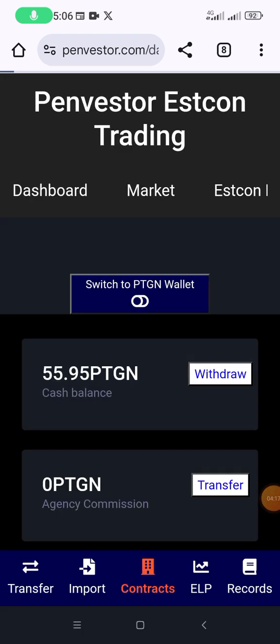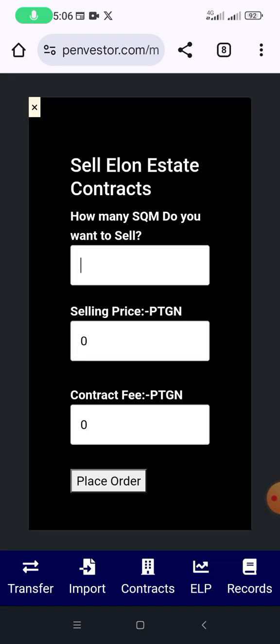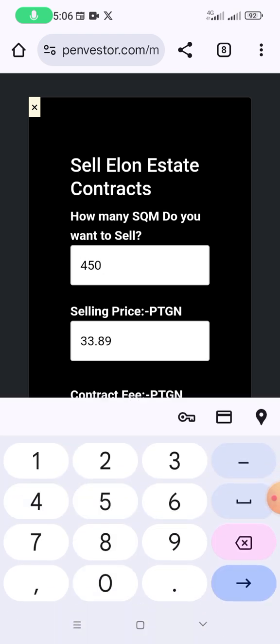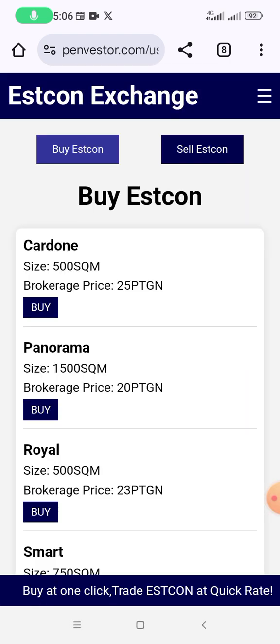Let this thing load here. This is 450 Elon ESTCON now. It costs like 33.89, like 33,000. But I just want to sell it at 20. That is 20. I have the power in the ESTCON exchange. So I will just go to the ESTCON exchange now.